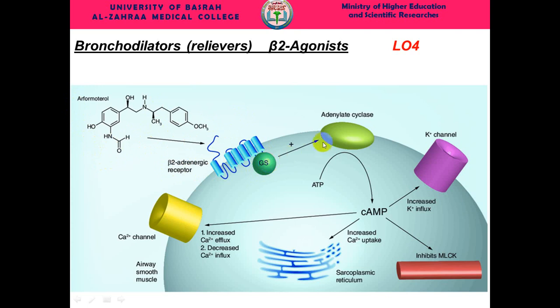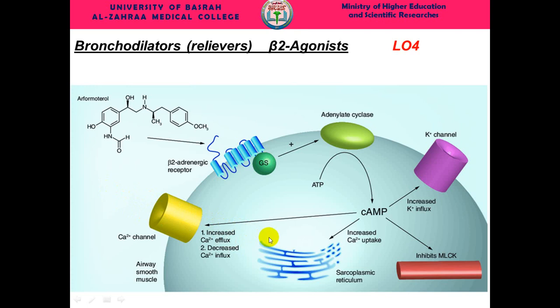Gs protein will stimulate adenylate cyclase, which will convert ATP to cyclic AMP. So we will have a large amount of cyclic AMP. This cyclic AMP will increase the uptake of calcium by the sarcoplasmic reticulum. Therefore, there will be increased calcium efflux from the cell inside to the outside and decreased influx of calcium from the outside to the inside.